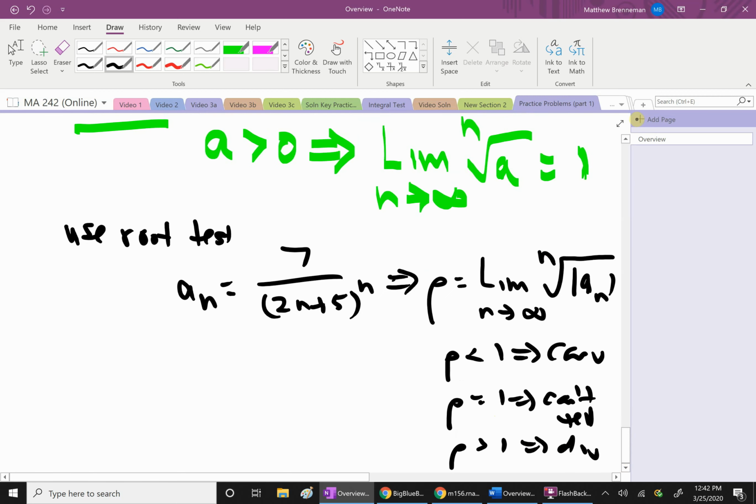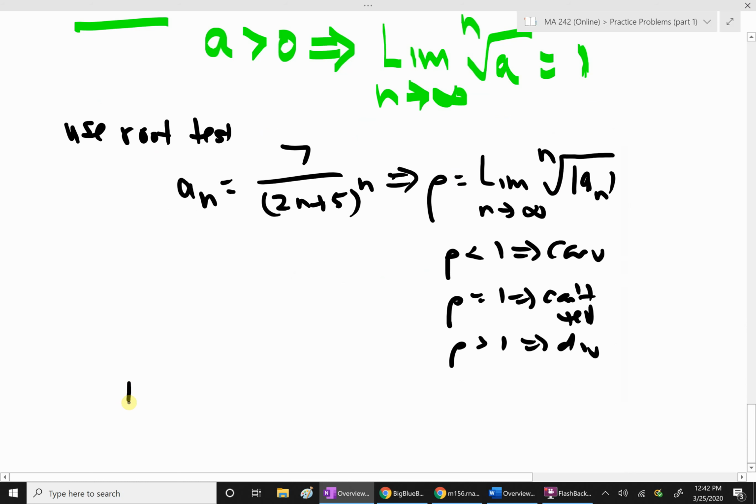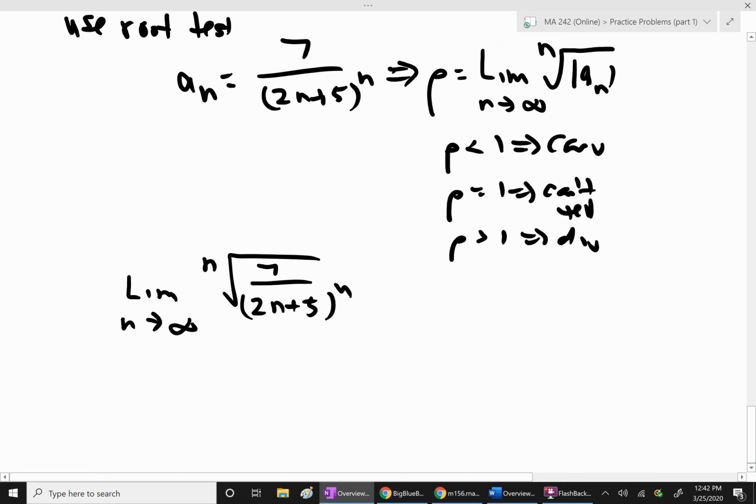So let's see how this works. I'm going to take the limit as n goes to infinity of the nth root of (7 over 2n plus 5) to the n. Remember what we just said a second ago, that the root of the ratio is the ratio of the roots.